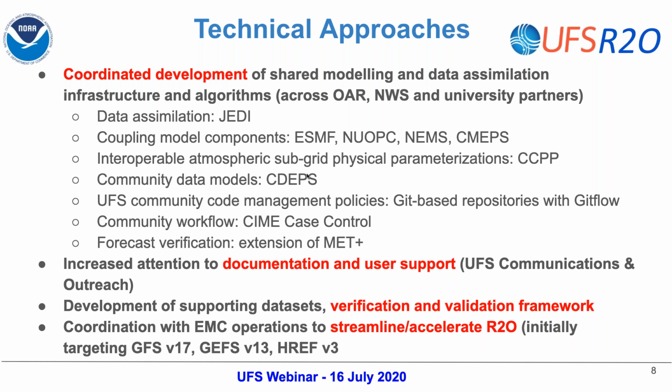We're also in the process of bringing online the community physics package. This is providing us with interoperable atmospheric physics, physical parameterizations of subgrid scale physical processes, so we want to be able to use those both in global models and in regional short-range weather models. We're developing community data models that are going to make it possible to run the coupled system with constraints from observations on one or another of the components in the system.